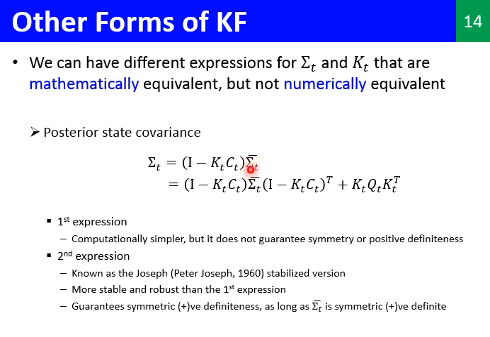The second expression is known as the Joseph stabilized version, which is more robust and stable than the first expression. The good thing about it is that it also guarantees symmetry as well as positive definiteness, as long as sigma t bar is symmetric and positive definite.